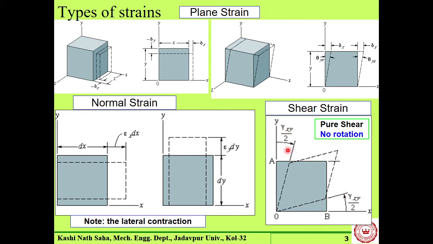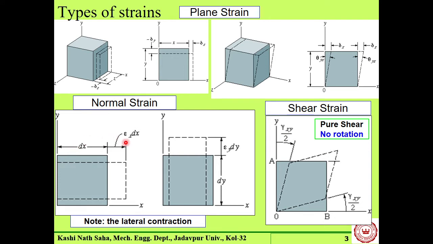And this gamma xy by 2 or say gamma yx by 2 are represented as epsilon xy and epsilon yx. So here also the notation is identical with our stress notation.